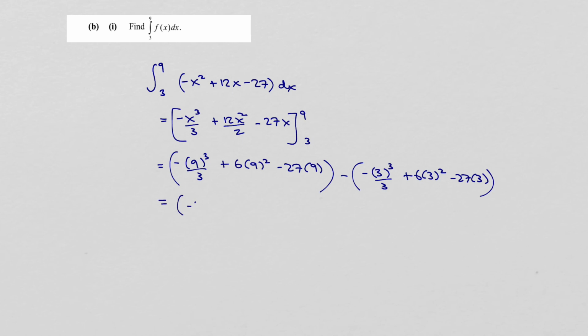In other words, we have minus 243 plus 486 minus 243 minus 9 plus 54 minus 81. And if I simplify all of that, we end up with 36 square units for our area enclosed.